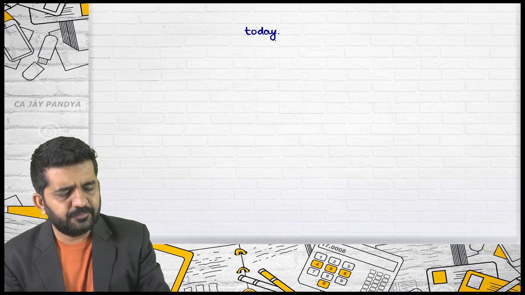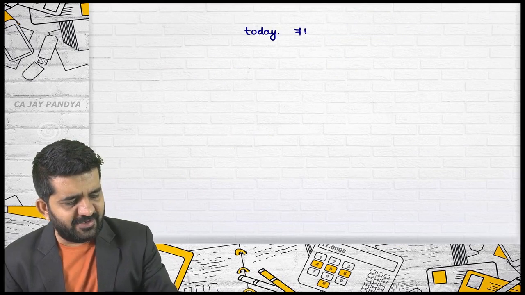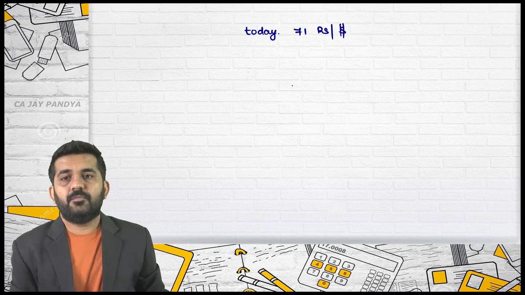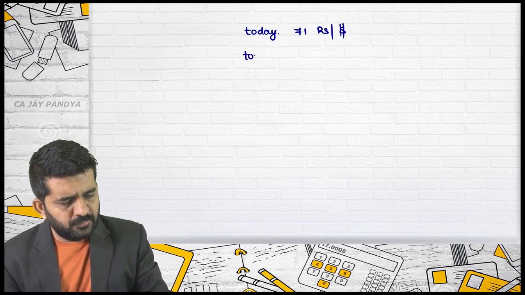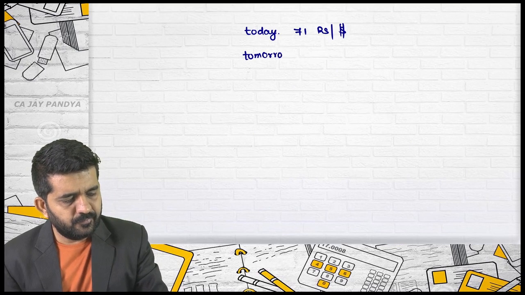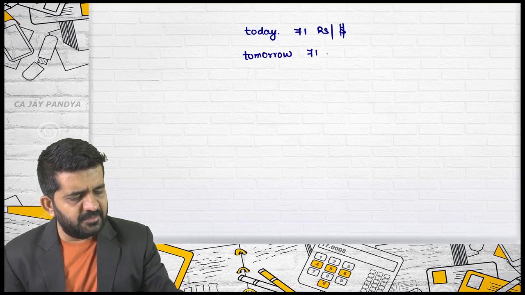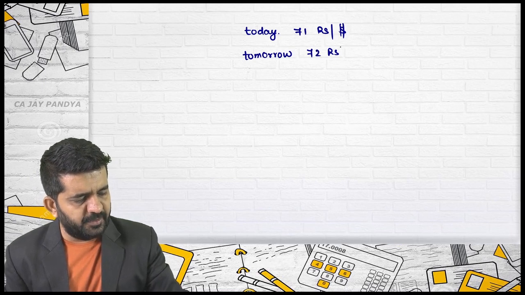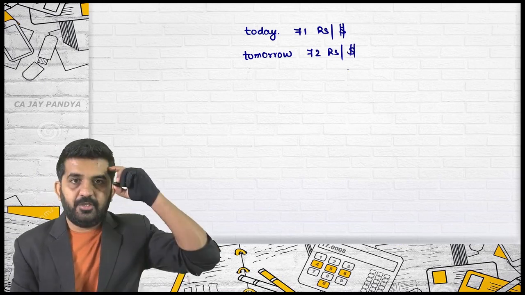Try to understand one more scenario. Rate of dollar today is 71 rupees per dollar. Tomorrow, it became 72 rupees per dollar.